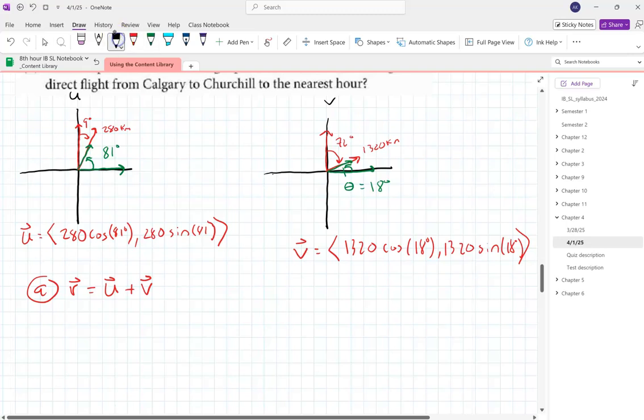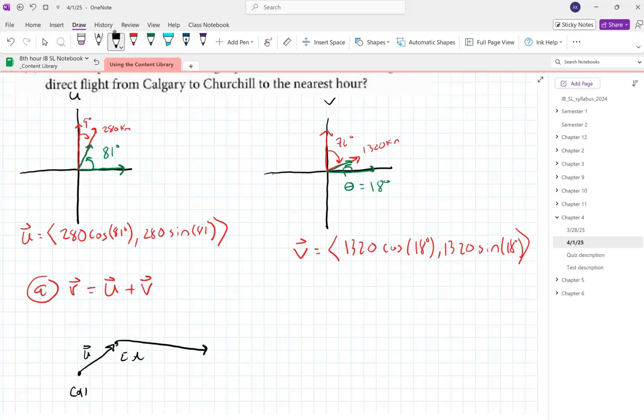So if we're drawing this picture, this is Calgary, we do vector U to Edmonton, and then we do vector V to Churchill. So that's our vector R. Yeah?